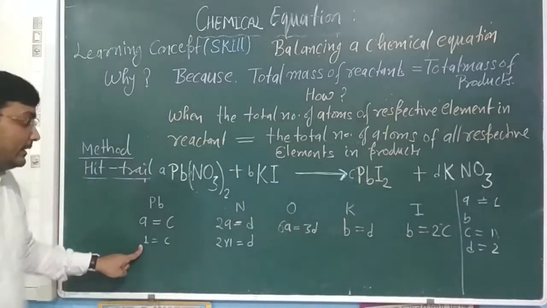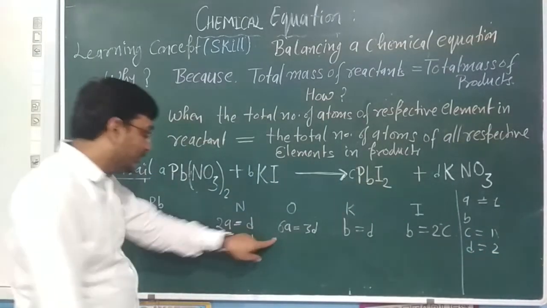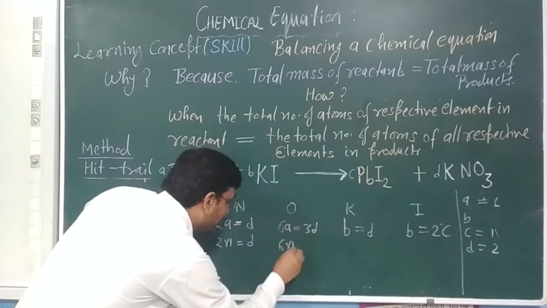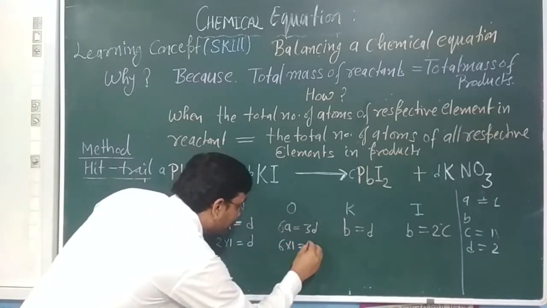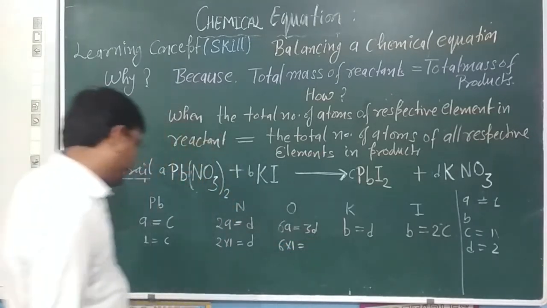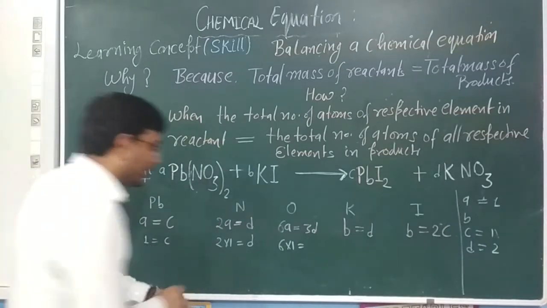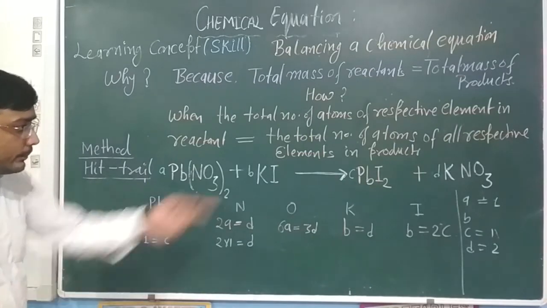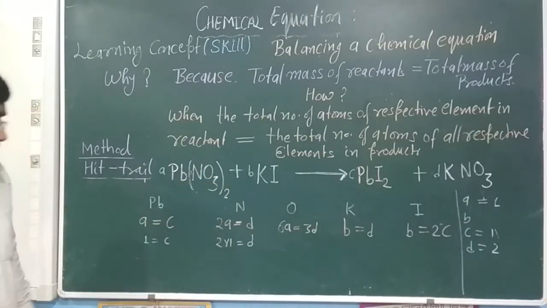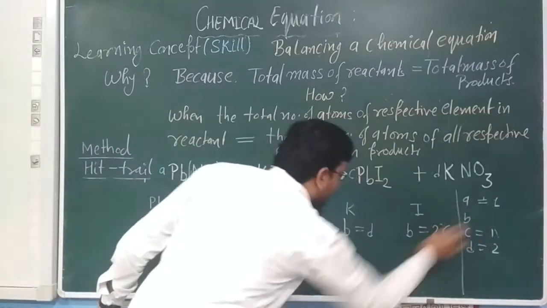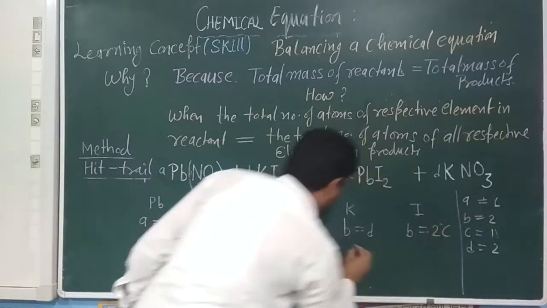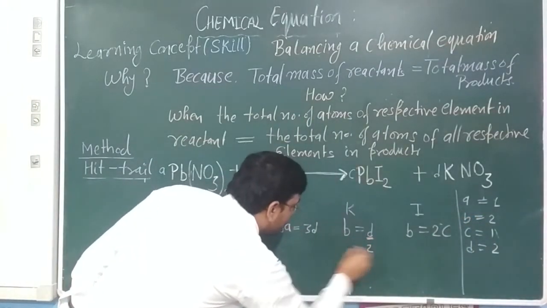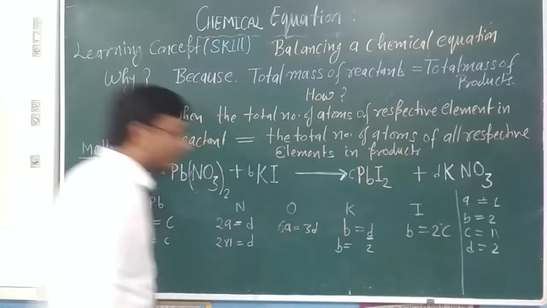Now 6 into 1 is equal to 3D. D we already calculated, no need to calculate again. Now the value of B: D is equal to 2, then B is equal to 2.